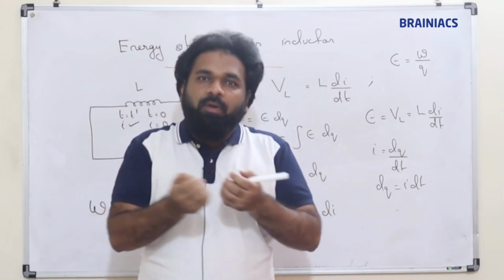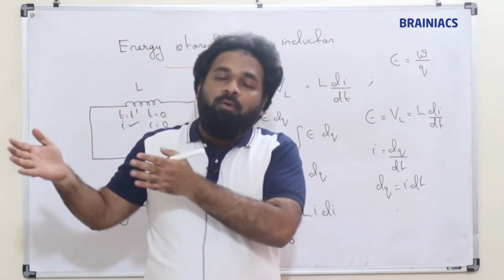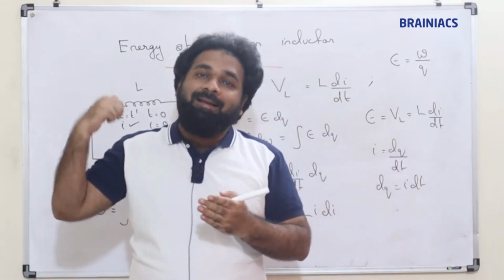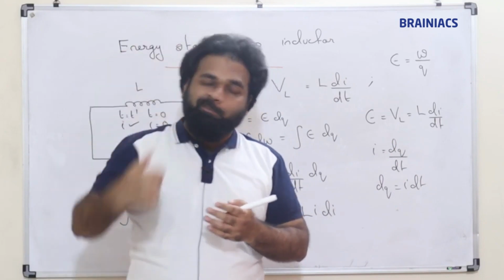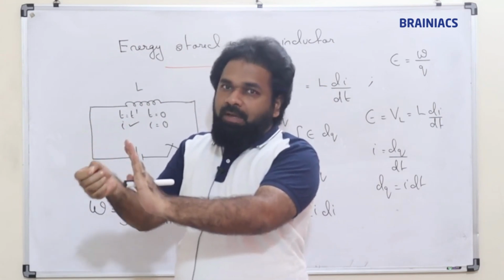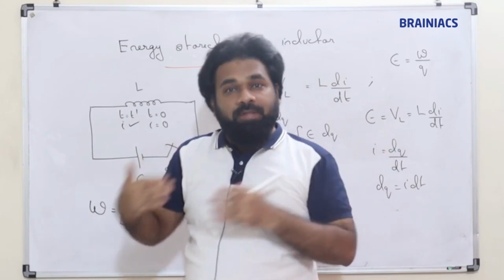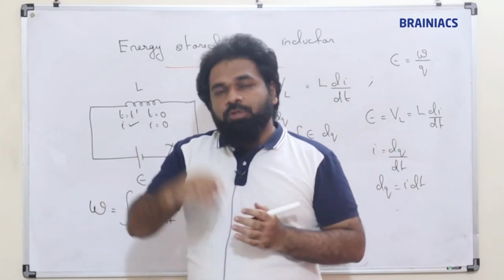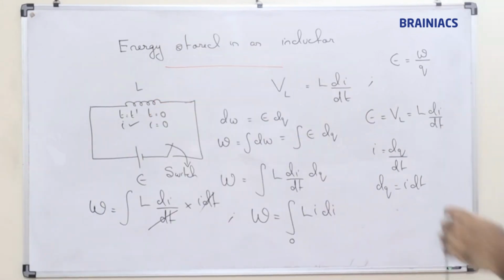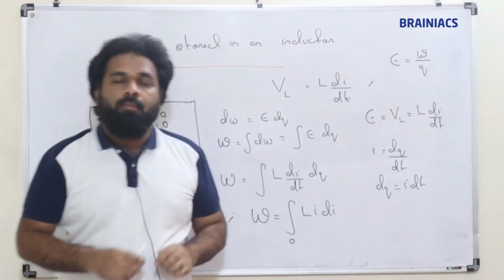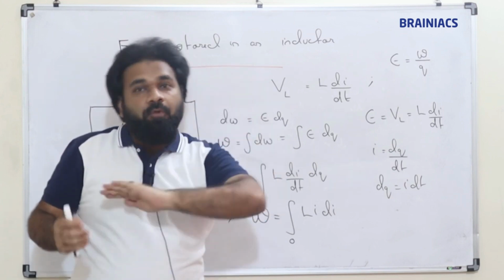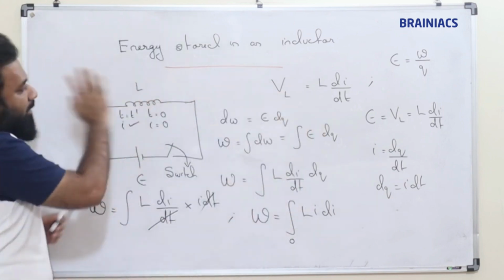After that, it will allow a little current, and finally it will allow full current. So work will have to be done to take the current in the inductor from 0 to I, work done for 0.1, for 0.2, till full current is passed.